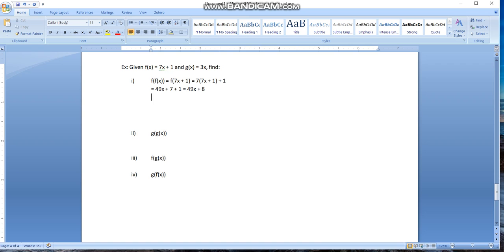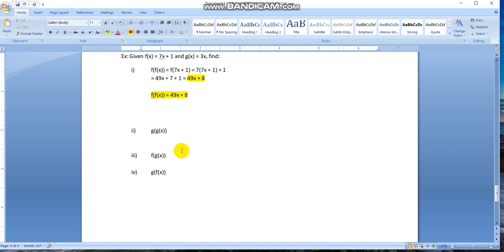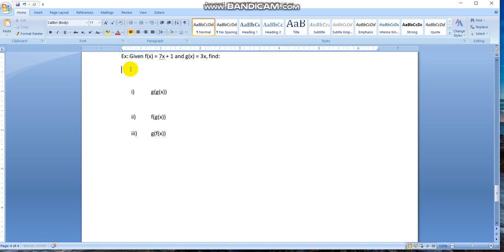Okay, so this means that f of x is going to be 49x plus 8. Next one. Let's say we had g of x. I'm just going to delete this.